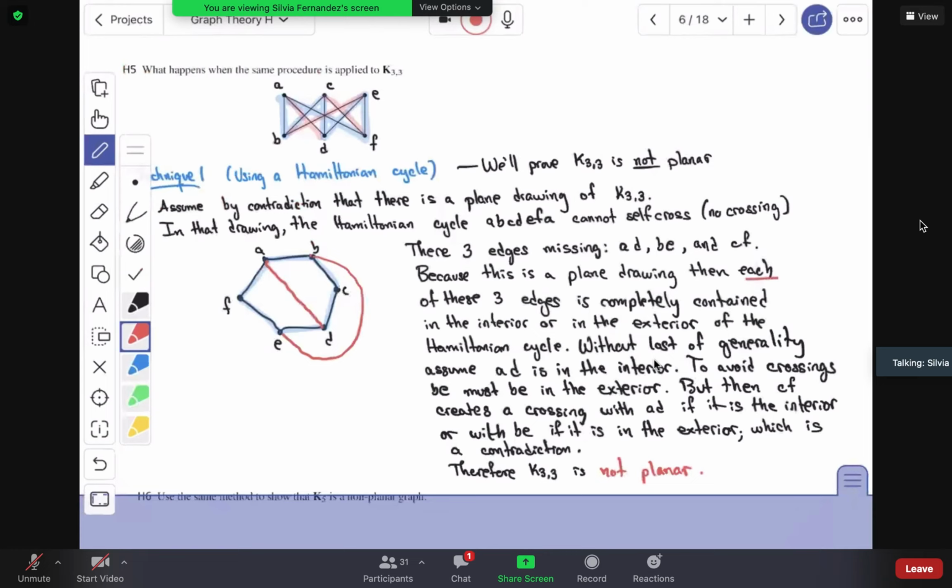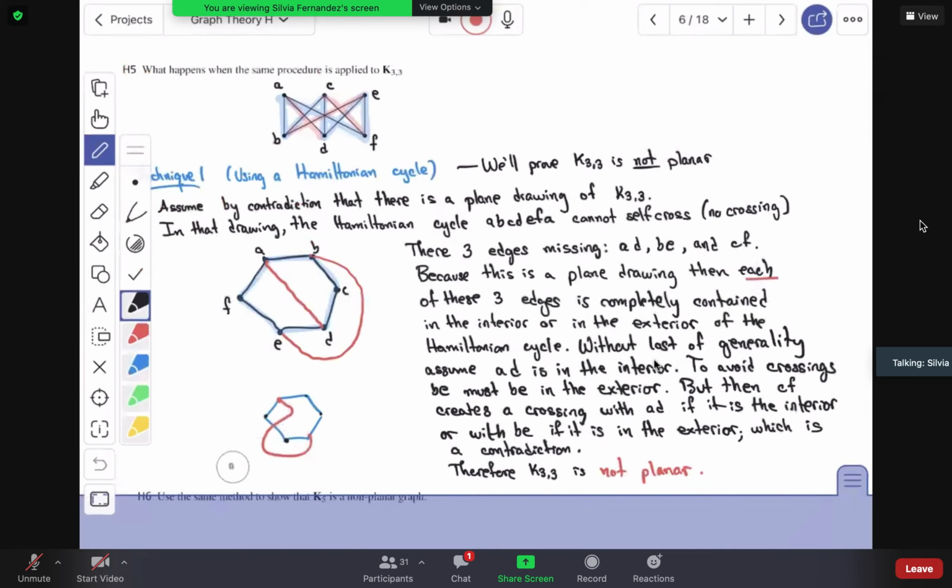No. What I mean is that you cannot have a single edge being in both places. For example, AD starts here, goes in the interior, then goes out, and then here. You see this edge in both the interior and exterior, so this doesn't happen. Okay, that's a funny edge, but yeah, I get it.